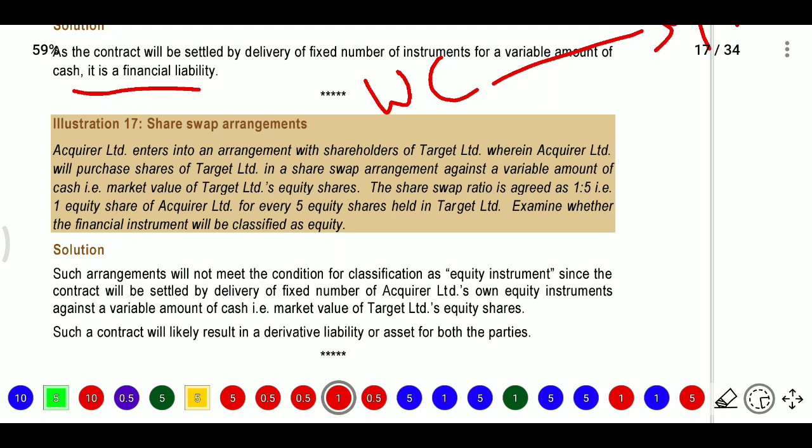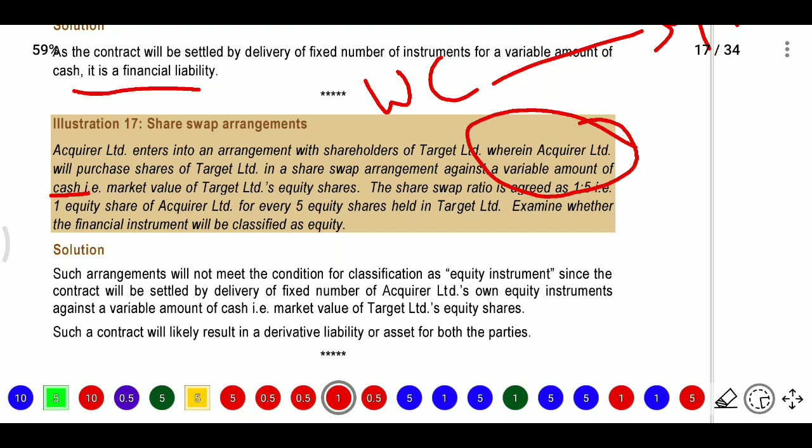The variable amount of cash is the market value of Target Limited equity shares. So the company has entered into an arrangement to purchase shares of companies through a share swap. When the swap is there, it will become a derivative liability.